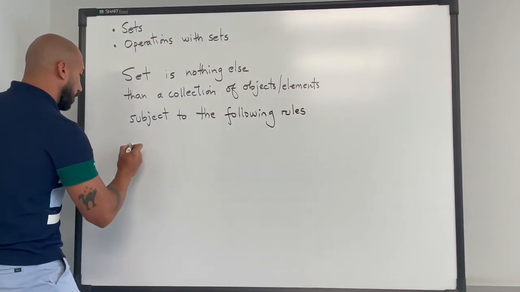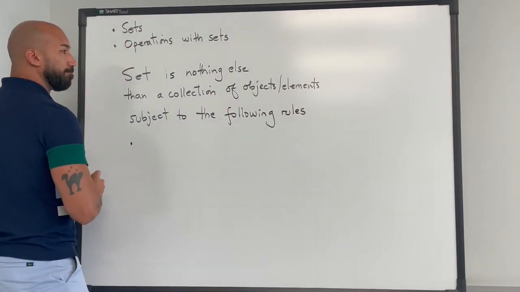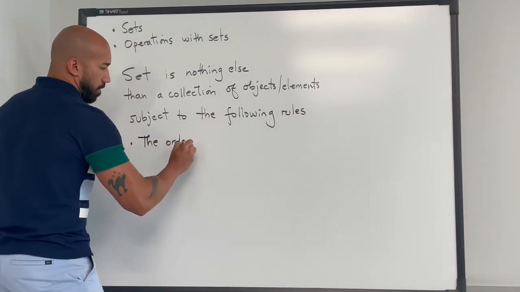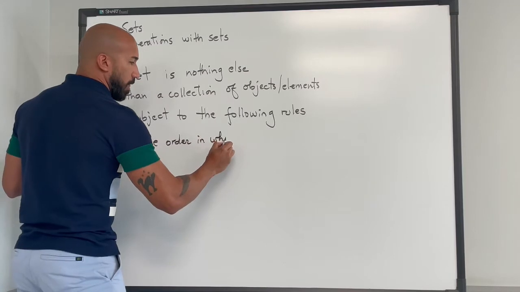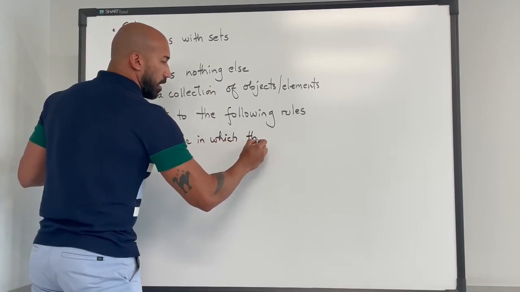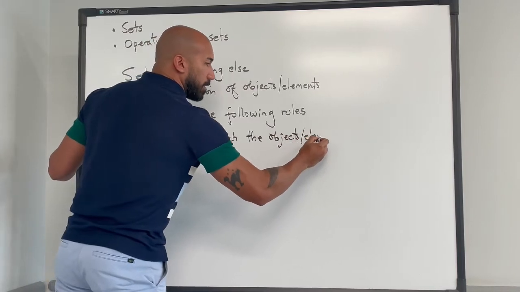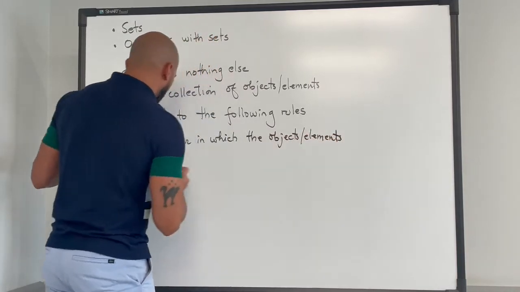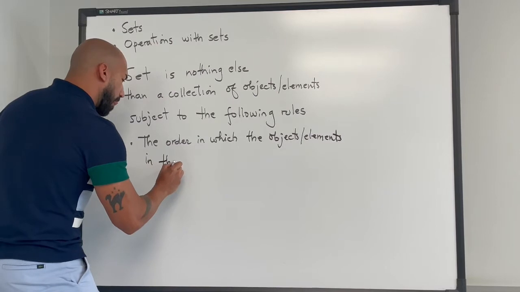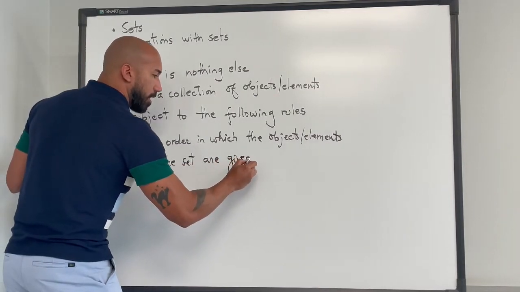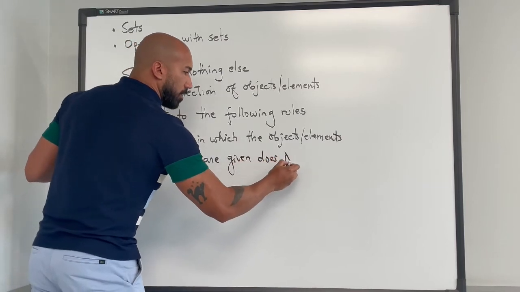So the first rule is the order in which the objects or elements in the set are given does not matter.